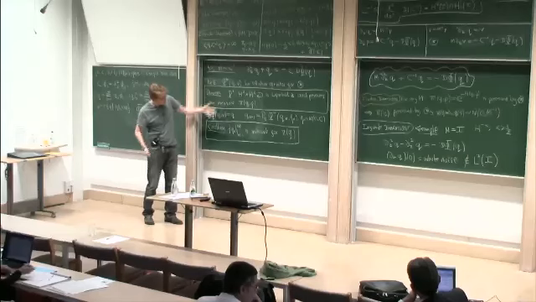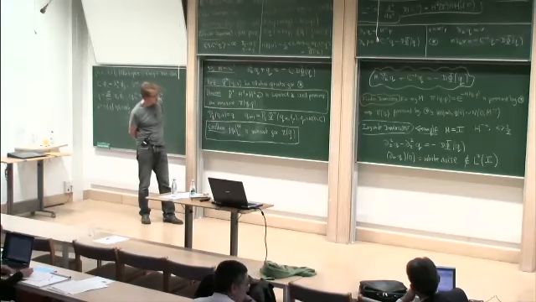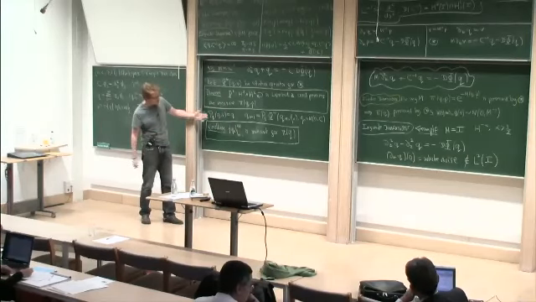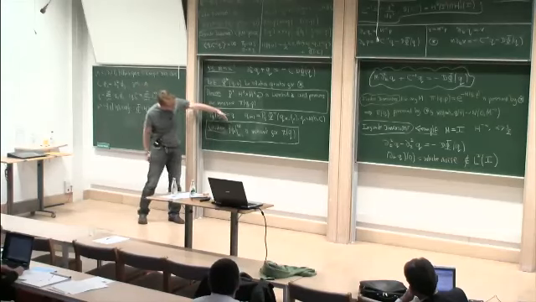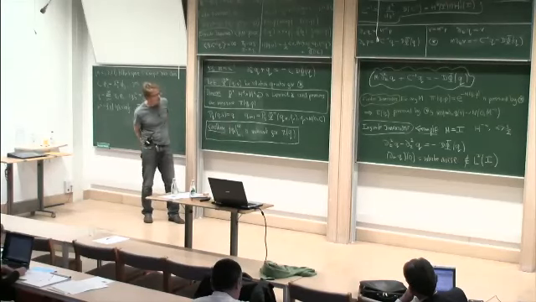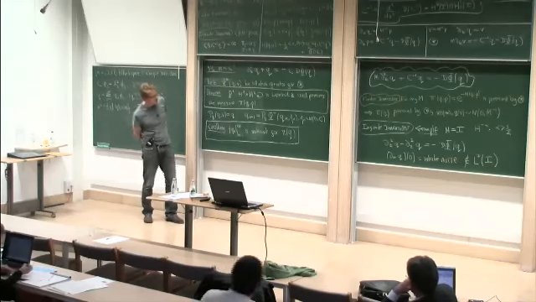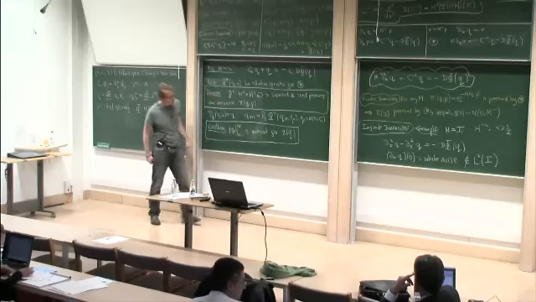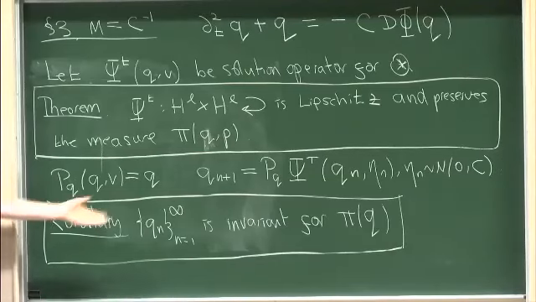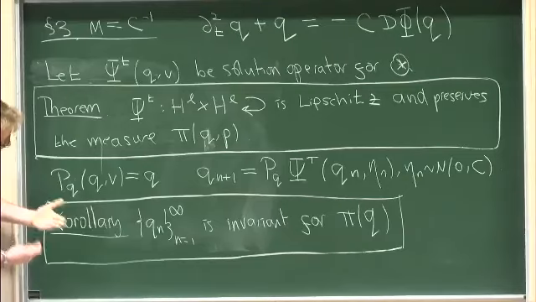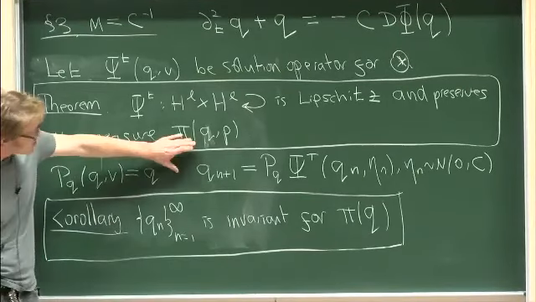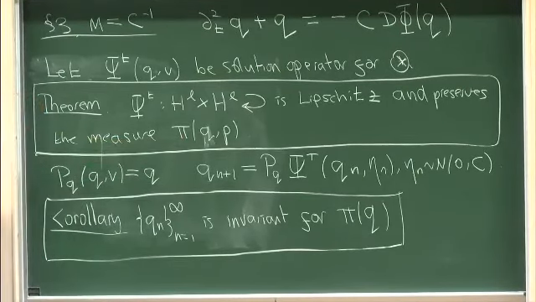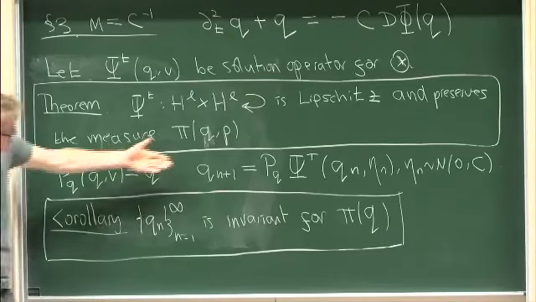And we've reached the point of the third slide in his talk. Why have we taken so long? We've taken so long because we're doing this on Hilbert space. But this is now the building block for an algorithm which will be invariant with respect to pi, and will enable us to work with time steps which are independent of dimension, because in fact the algorithm will make sense on the Hilbert space.